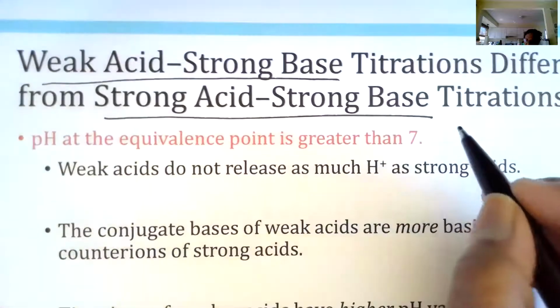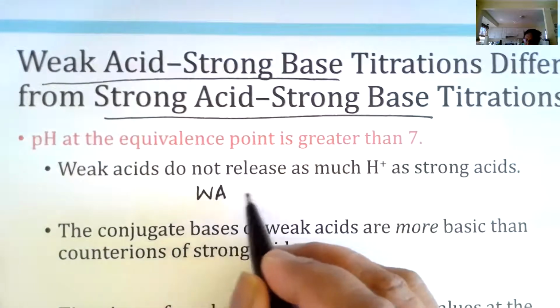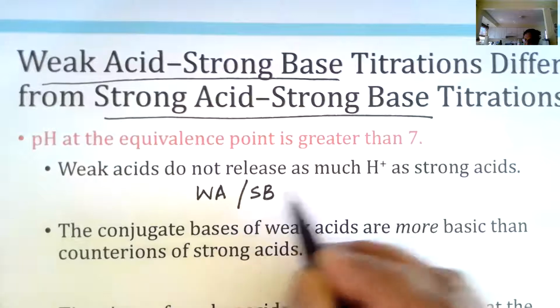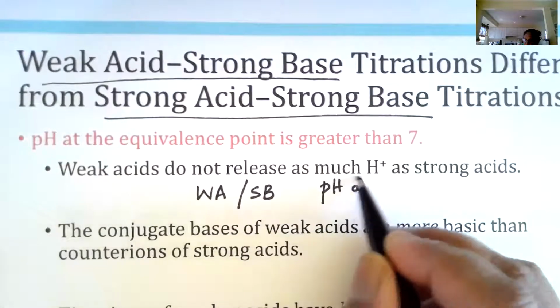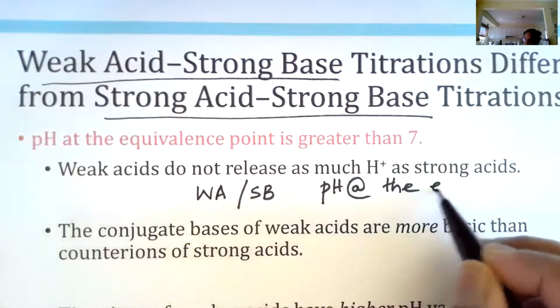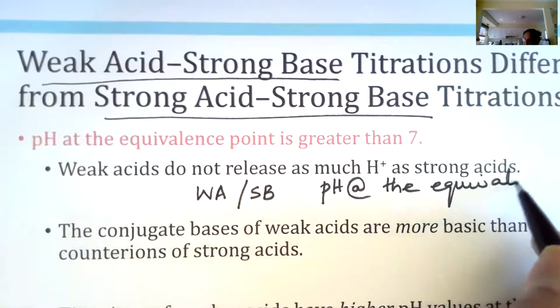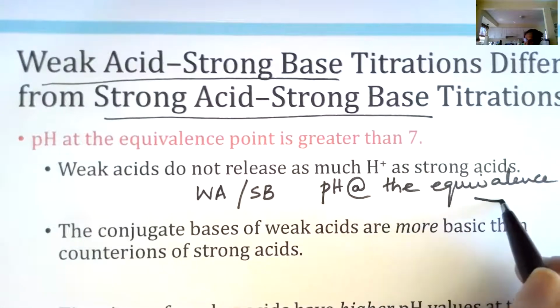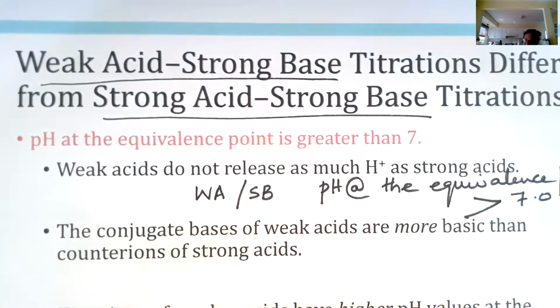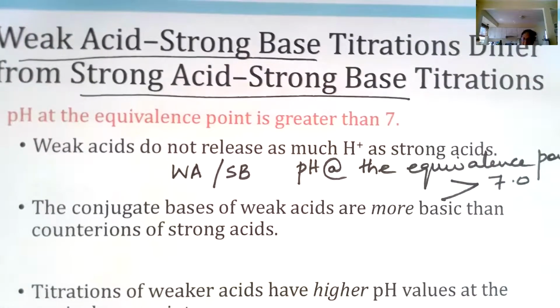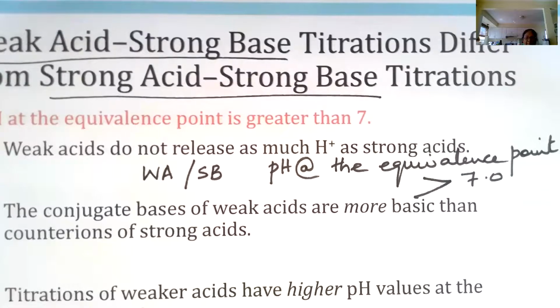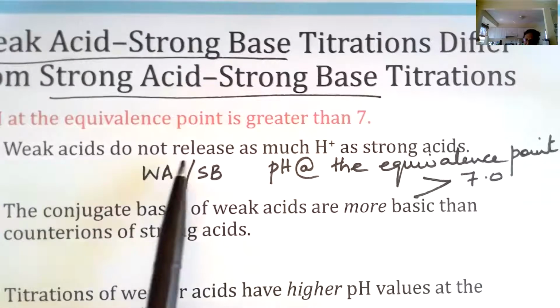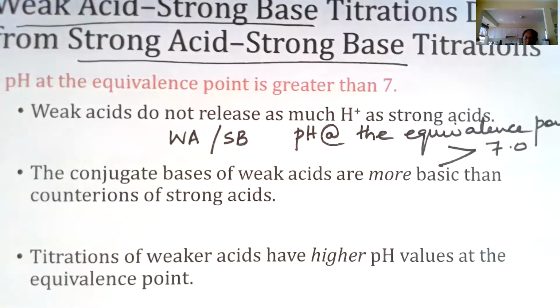If it's a weak acid, remember, we wrote this down last time, the pH at the equivalence point is greater than 7. Weak acids do not release as much H plus as strong acids. We know that, and that's why they are called weak acids.